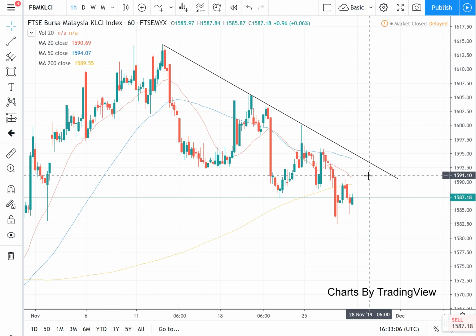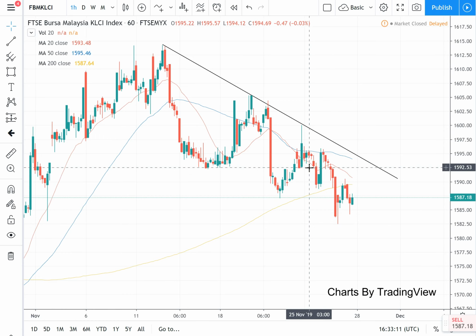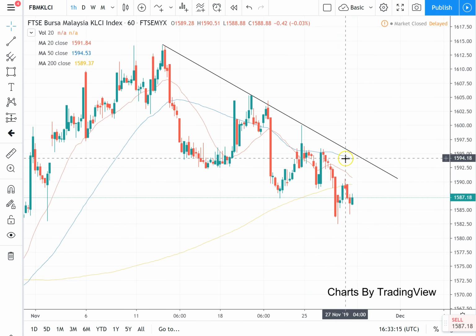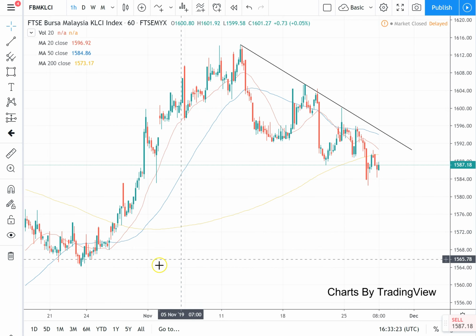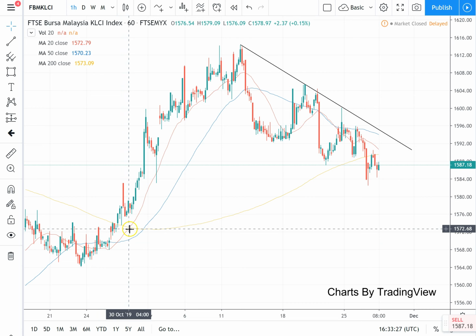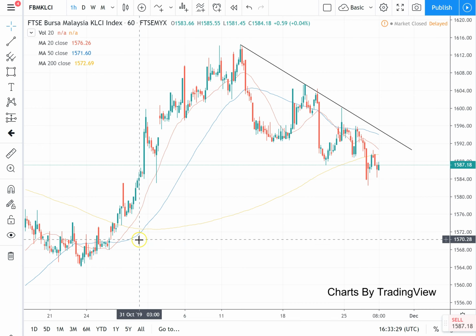It's an early sign of a change of trend. The KLCI is below the 60-minute 20 MA and below the 60-minute 50 MA, which means it's still in a bearish trend.